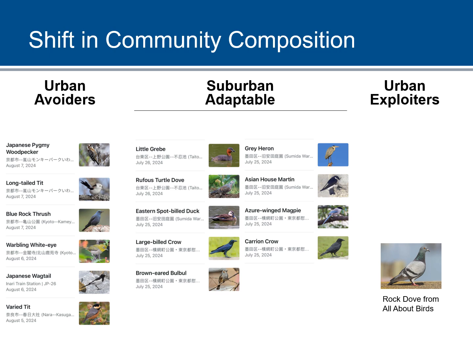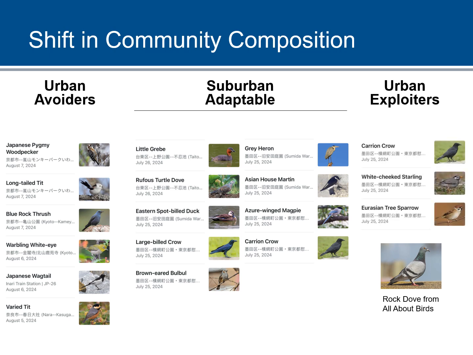The gray herons, if there was water, you might see one, you might not. They could utilize these spots. Same sort of thing with the spot-billed duck. We didn't see them in the heavily urbanized areas, but pretty much everywhere else. And then the urban exploiters: carrion crows frequently seen in urban areas, white-cheeked starlings frequently in the urban green spaces, and Eurasian tree sparrows and rock doves also fit into this category.